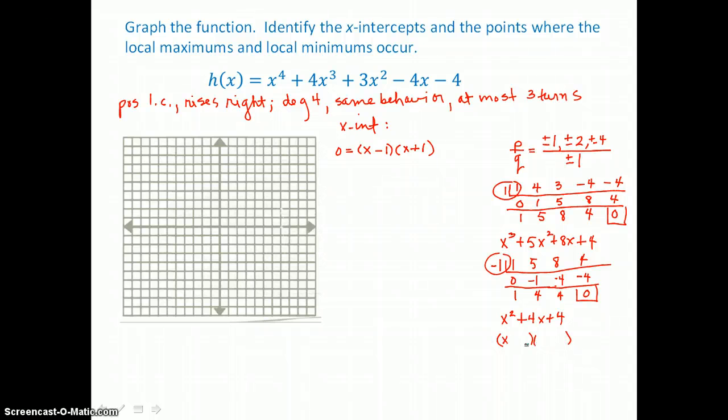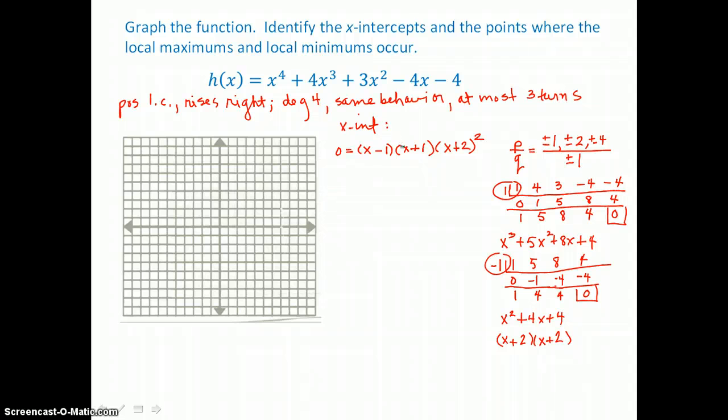It looks like a perfect square trinomial. Factors of 4 that add to give me 4 are 2 and 2, and making them both positive, I find that 2x plus 2x is going to give me 4x in the middle, and positive 2 times positive 2 is positive 4. So those are the correct factors, and now this function h is completely factored.